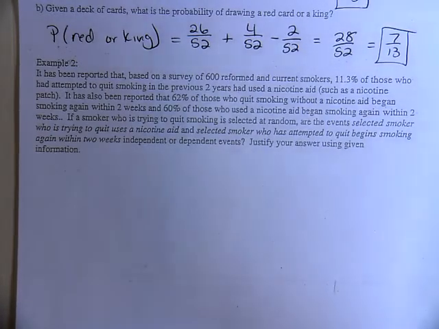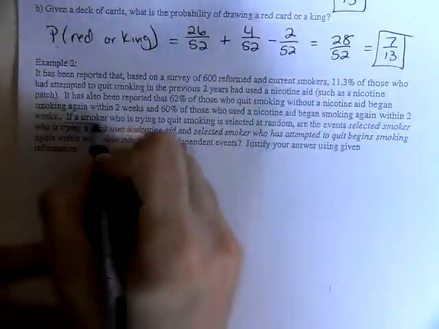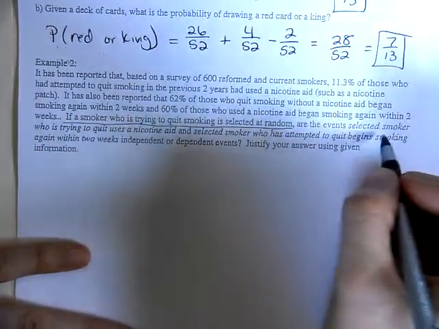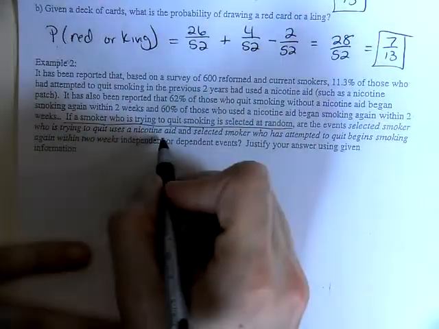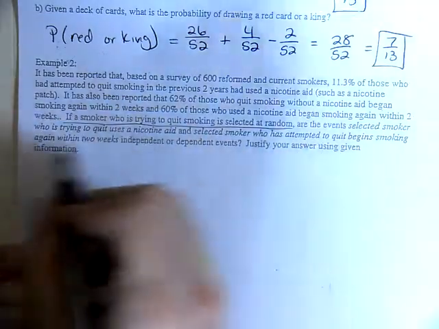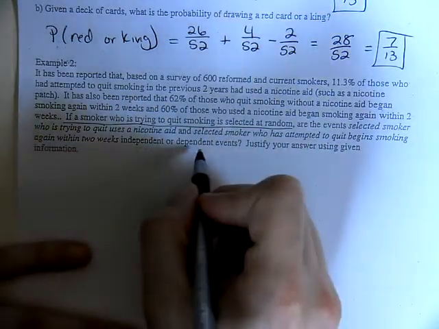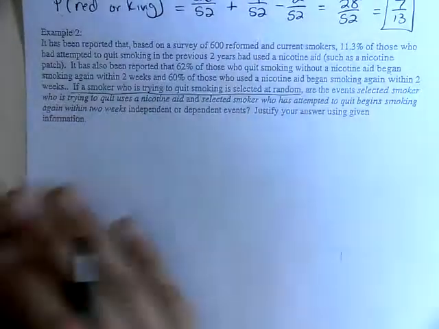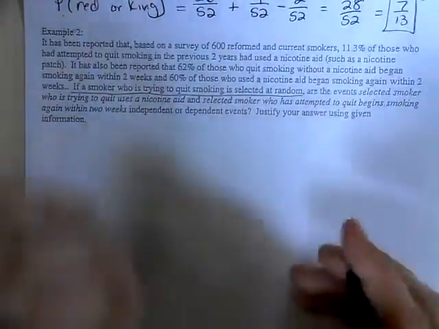If a smoker who is trying to quit smoking is selected at random, are the events "selected smoker uses a nicotine aid" and "selected smoker begins smoking again within 2 weeks" independent or dependent? A lot of words.